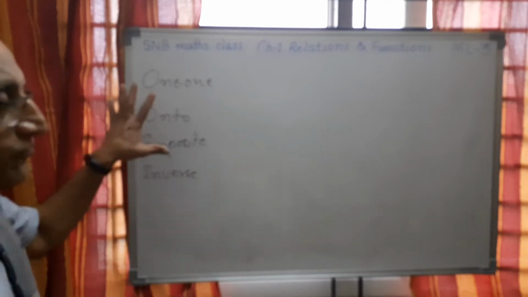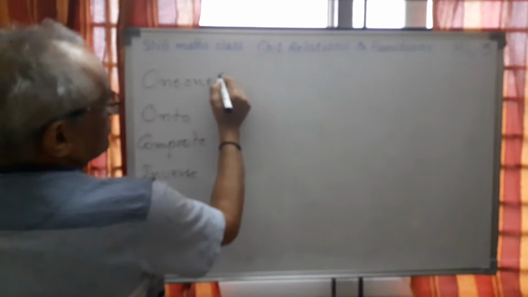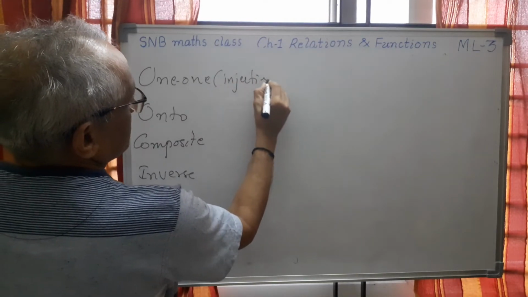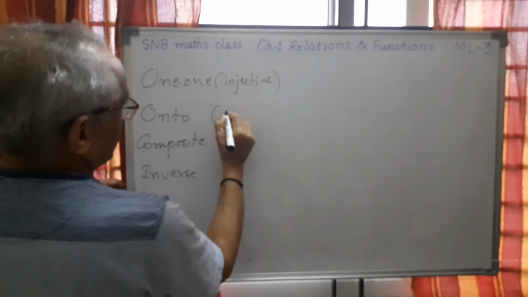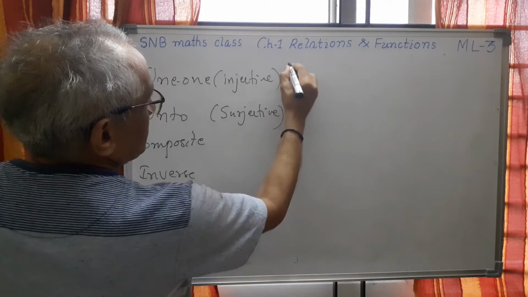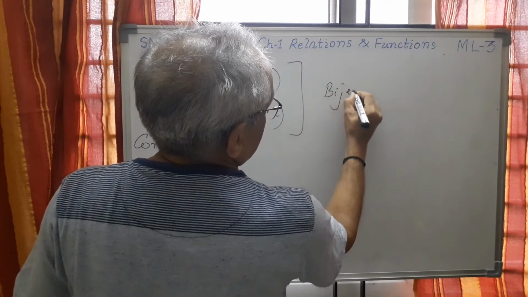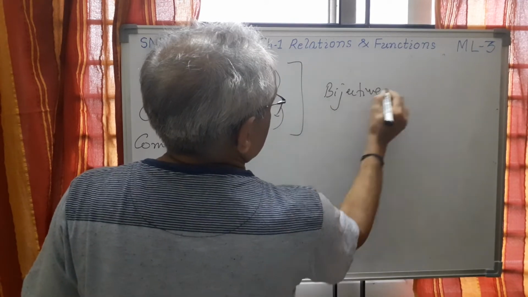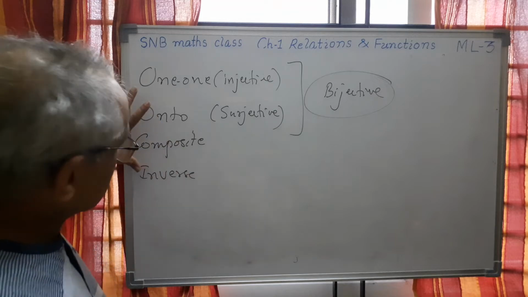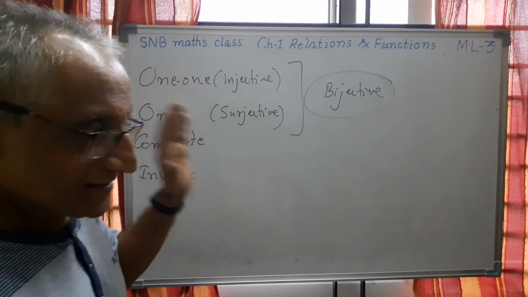So these are the 4 types of functions we are studying this year. One-one is also known as injective function. Onto is also known as surjective. And if a function is both, that is called bijective function. So these are the different terms we are using, and these 4 are the 4 major types of functions we are studying in this chapter.